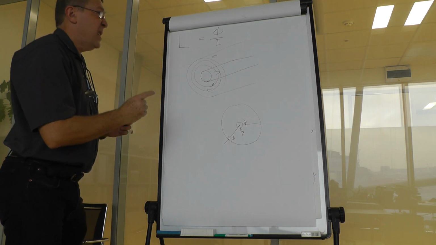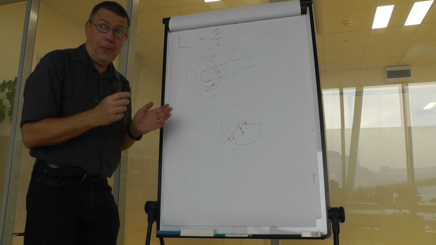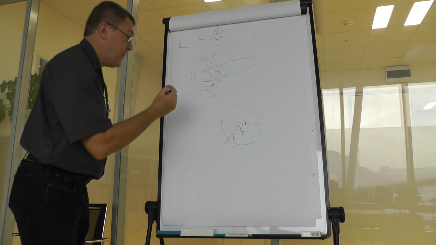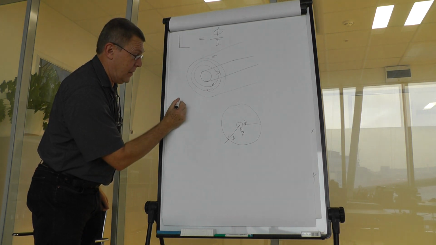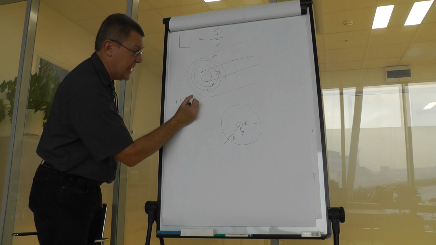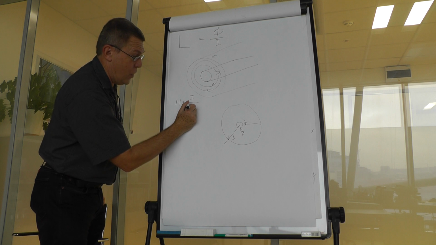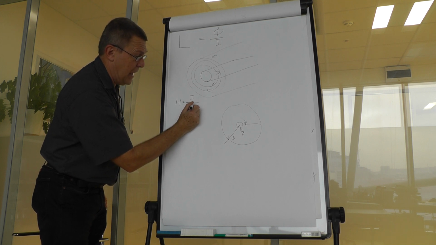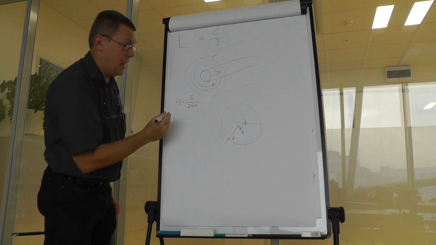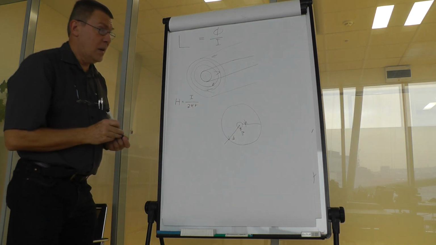So let's first find the magnetic flux density. Well, out of Ampere's law, we have established the equation which says that H is I over 2 pi r, where r is the distance from the center of the coaxial cable.